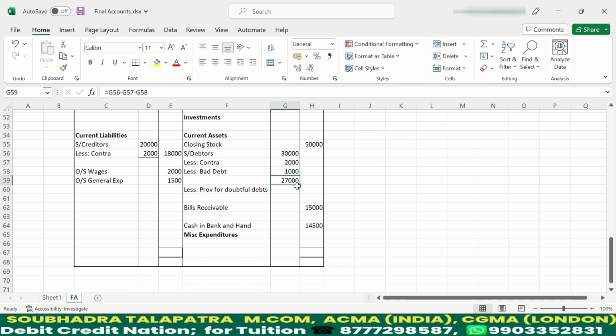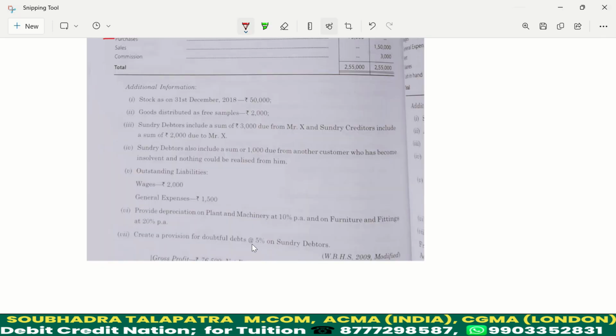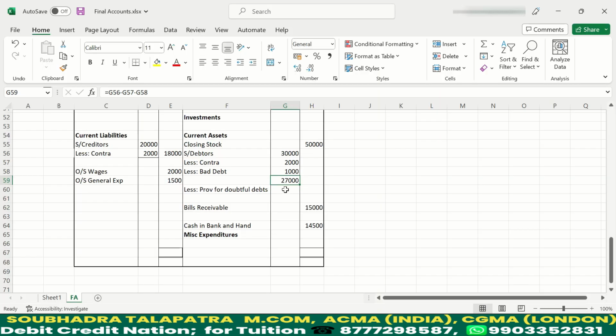So I am about to collect 27,000 from the debtors, but I am afraid that there can be a bad debt. It is not a real bad debt, but I'm scared that the customer may not pay 5% of their dues. So I provide a bad debt of 1350, which is the 5% of their total closing balance.